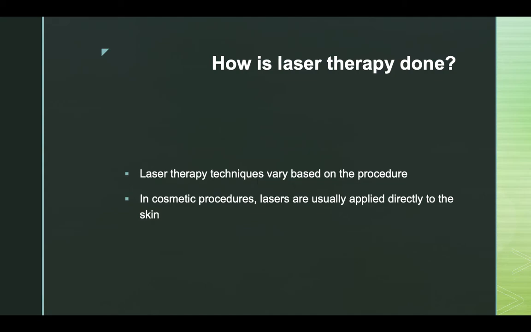The endoscope is inserted through an opening of the body, for example, the mouth. And then the surgeon aims the laser and shrinks or destroys the tumor. So it is directly applied in the patient. In contrast to that, in a cosmetic procedure, the lasers are usually applied directly to the skin.